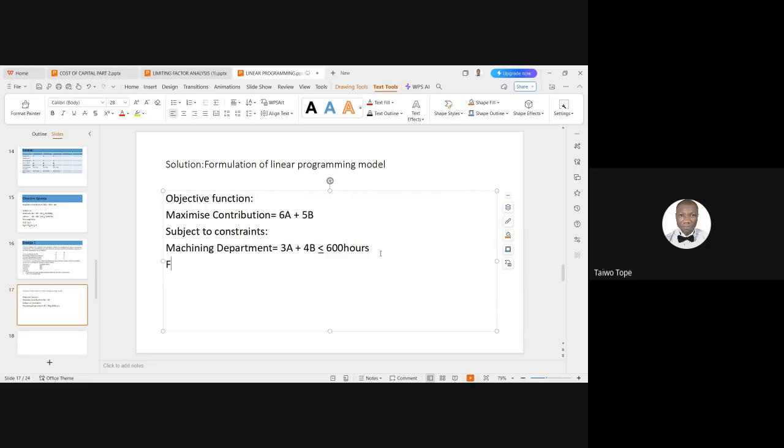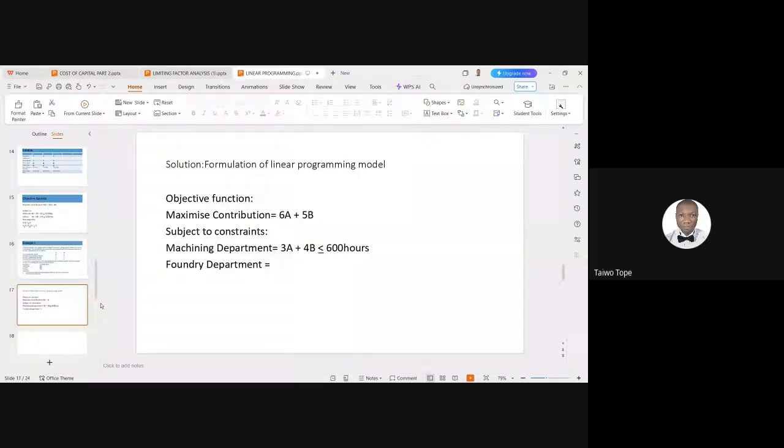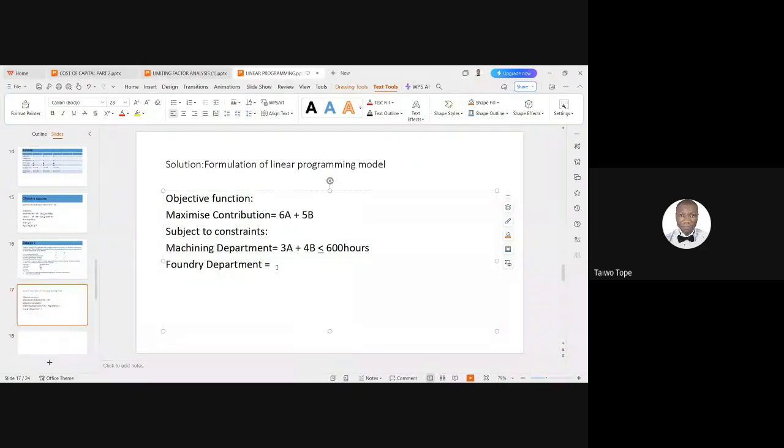So the next is foundry. Foundry department. To produce product A under the foundry department, you need how many hours for 1 unit? 2 hours. And 1 for B. So it will be expressed as what? 2A plus what?